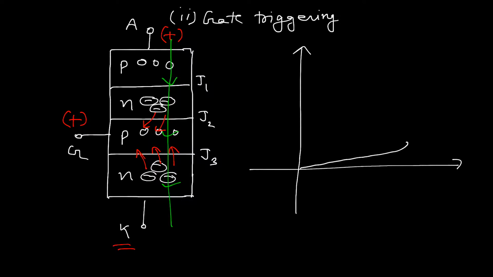A very small amount of leakage current starts flowing. This is plus VA, this is plus IA, anode current, and this is anode voltage. And the device starts conducting in this way, right? In this particular case, we consider there is no application of gate voltage.